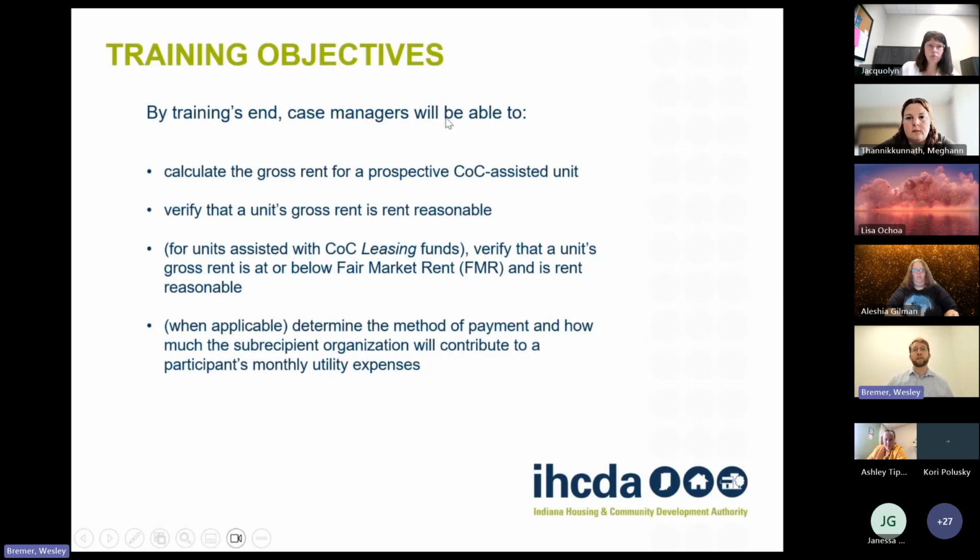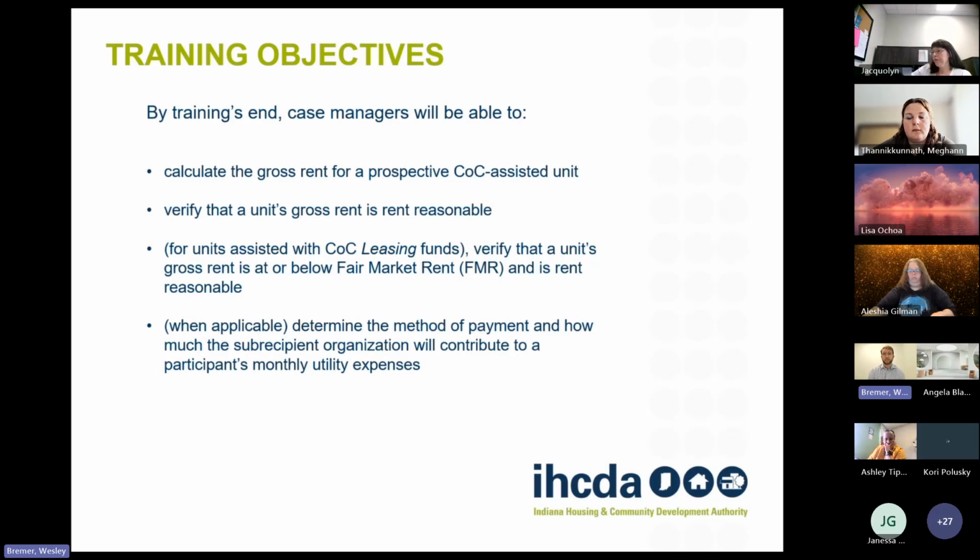We want to remind you that the main audience for this training series are the case managers who work in PSH, rapid rehousing, or transitional housing. PSH, permanent supportive housing. So we have 4 objectives, and we're hoping that all 4 of these things are very actionable for the case managers.